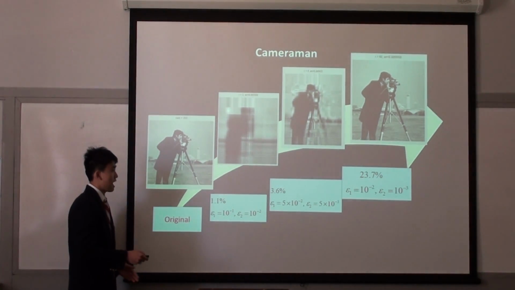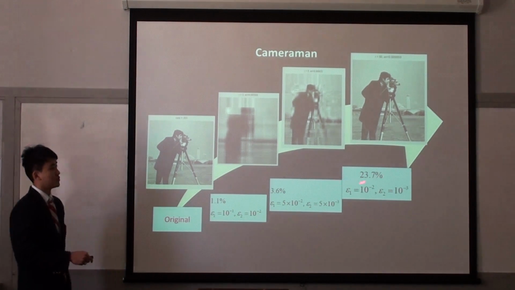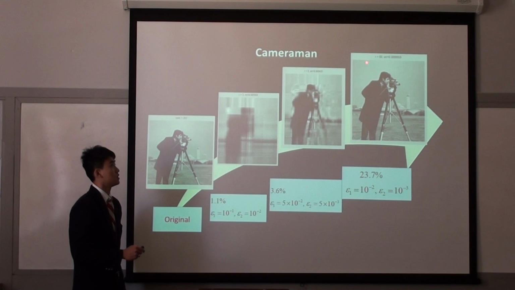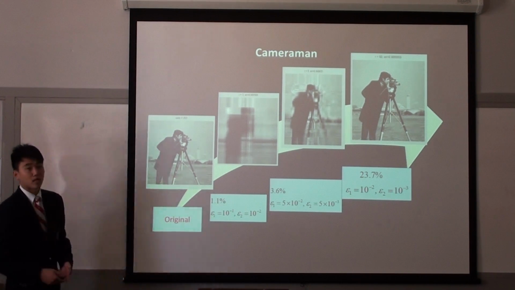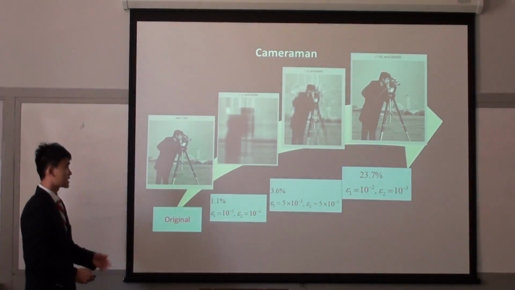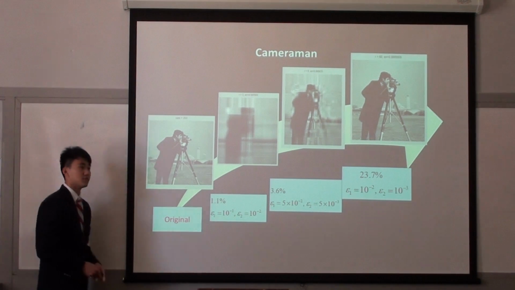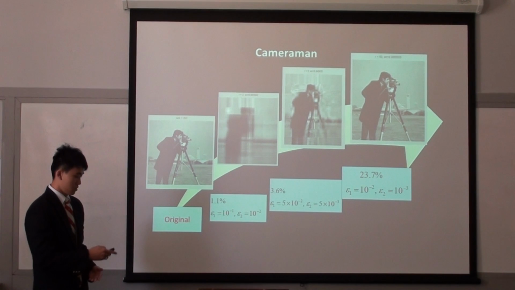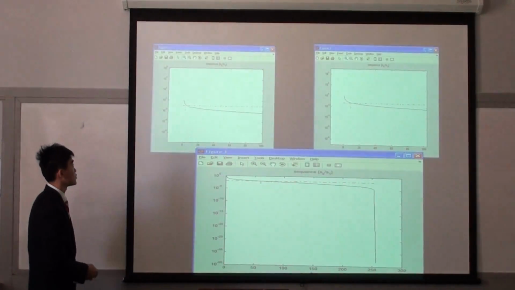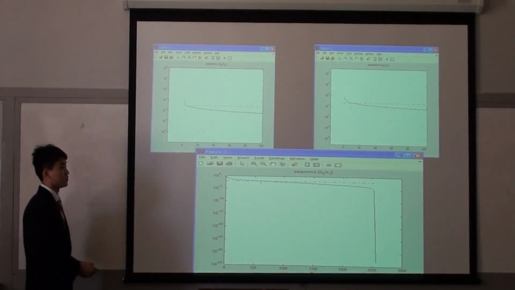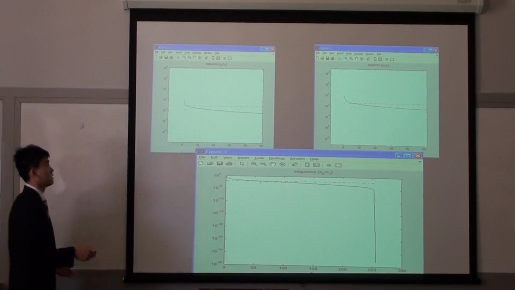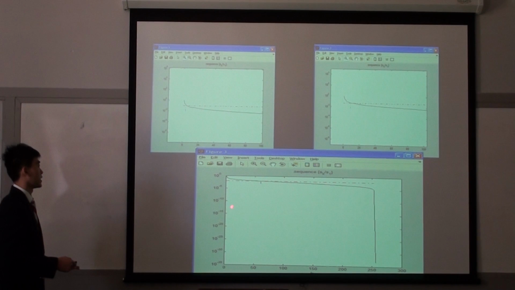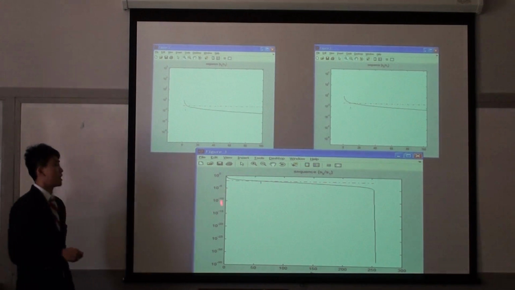Eventually, with epsilon 1 at 10 to the minus 2 and epsilon 2 at 10 to the minus 3, it stops at rank 60. It gives me a really decent approximation. In this case, I save over 70% of storage compared to the original one. And here's the distribution of singular values. I just want to show you on the data how we cut the point.